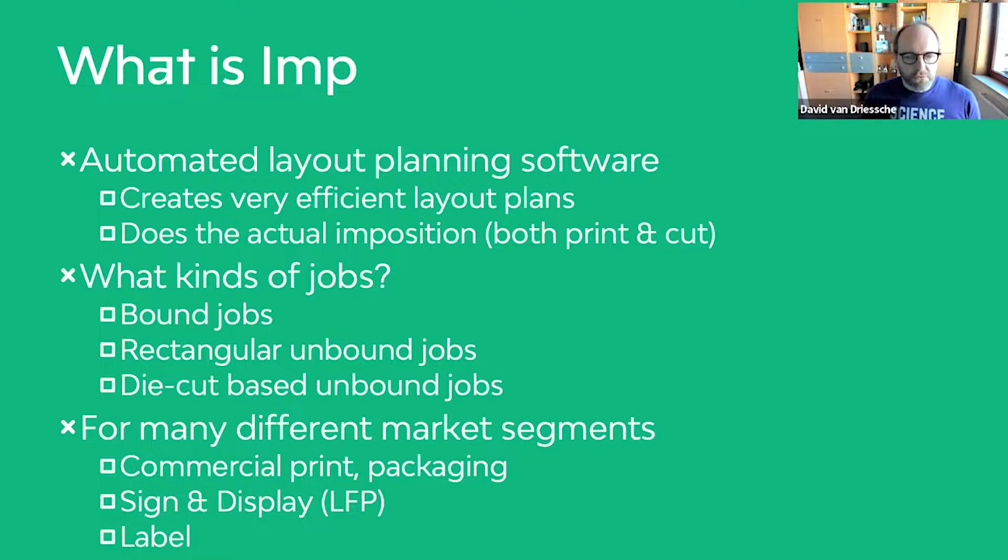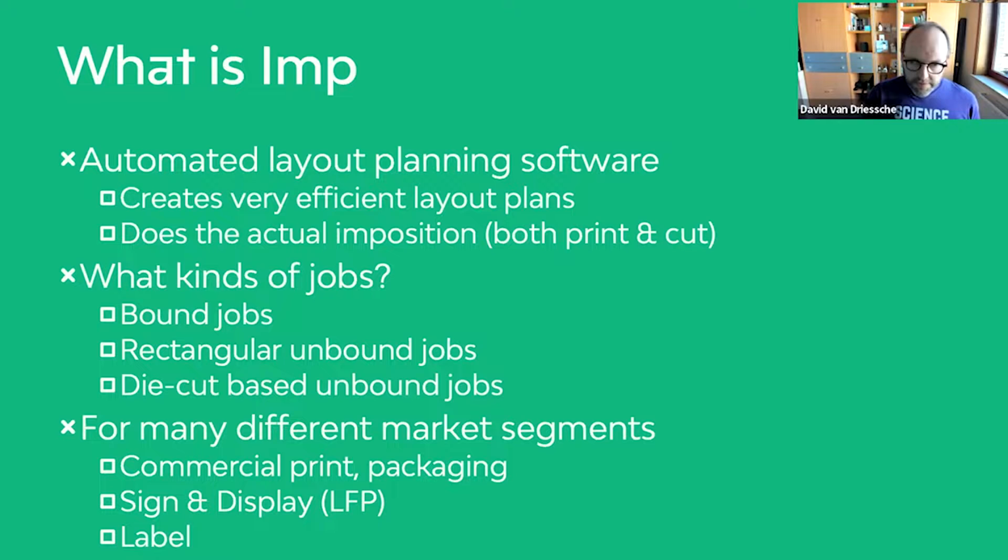So the goal of Imp is to create very efficient imposed sheets. And to do so, not by using templates, but by using a configuration where you store information about the printers that you have and about the media that you want to impose on. And then Imp calculates what the most efficient solution would be.